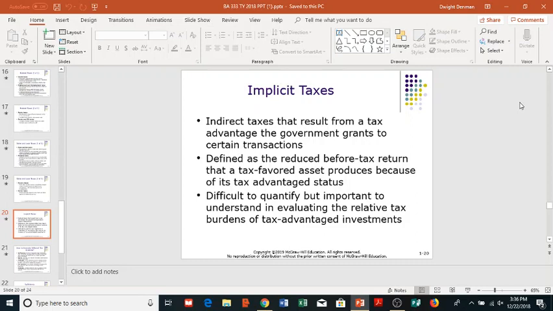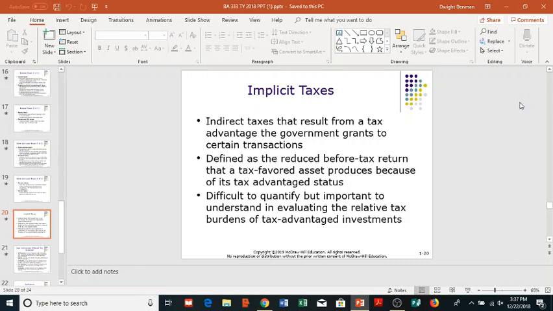And so the implicit taxes come in the fact that because the entity that issues the bond knows that there's no taxes that are going to be due and payable by the people and companies that buy these bonds, they're able to charge a lower interest rate on those bonds than, say, a comparable bond issued by a corporation.